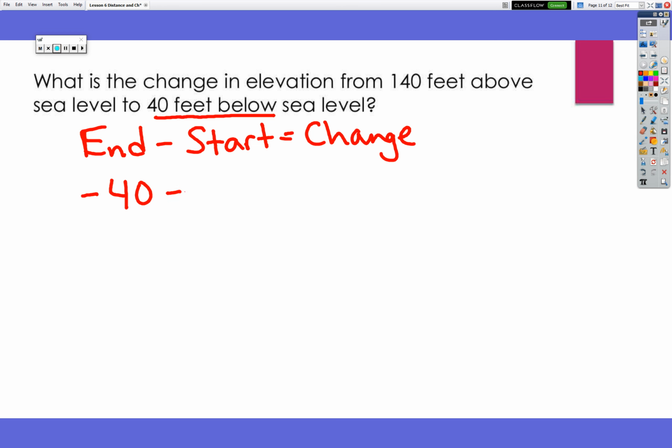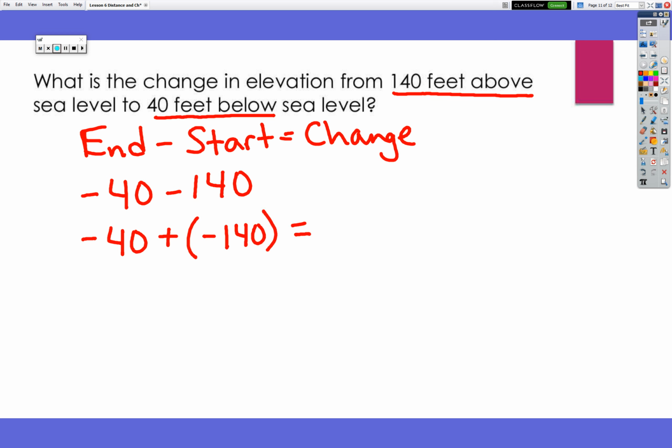Minus the start is 140 feet above sea level. I'm going to rewrite that as adding the opposite, negative 40, plus the opposite of positive 140 is negative 140. Now I have same signs. I'm going to add and keep. 140 plus 40 is 180. And I'm going to keep the sign. So the change is negative 180 feet.